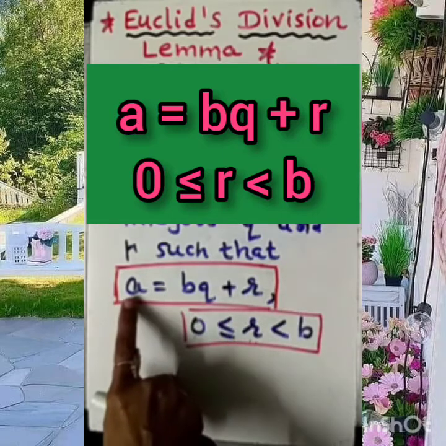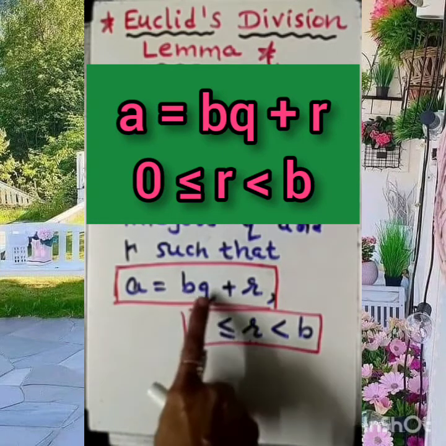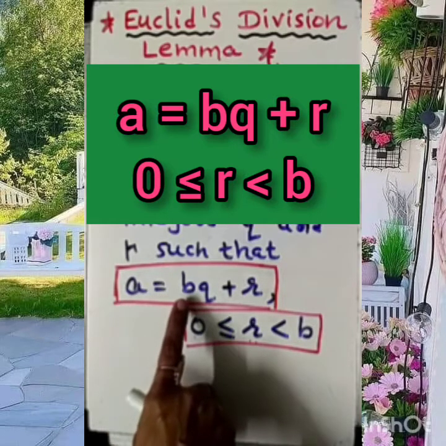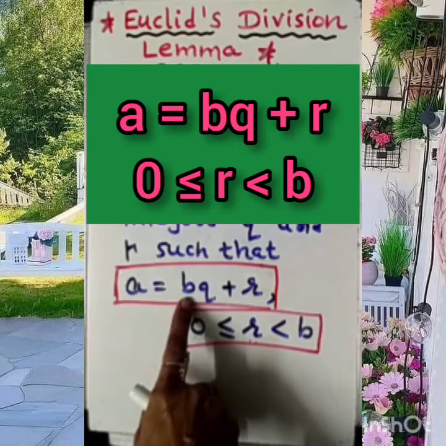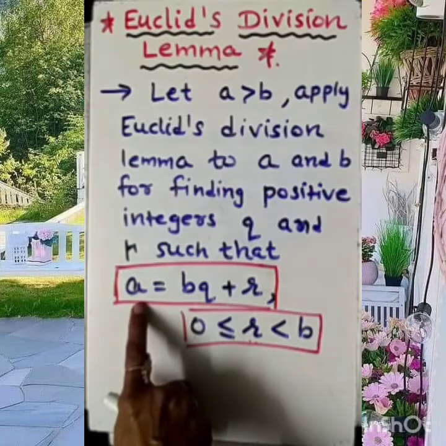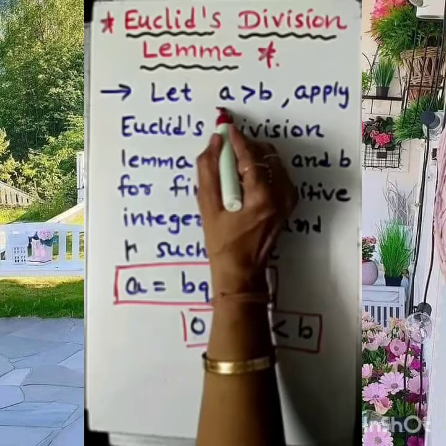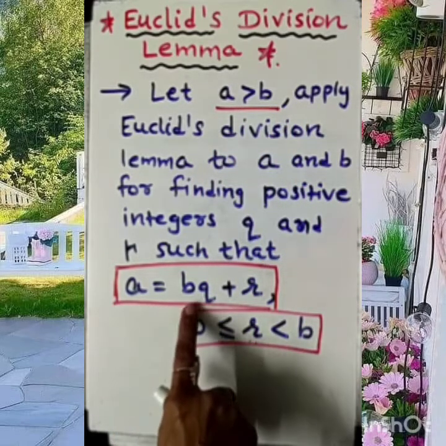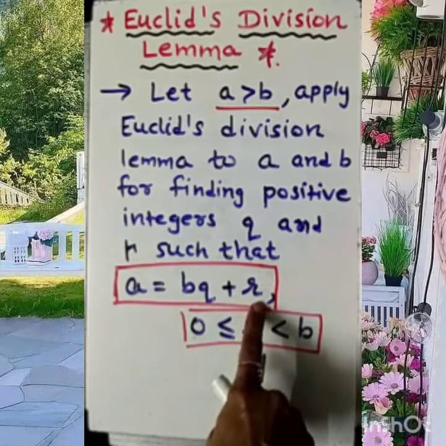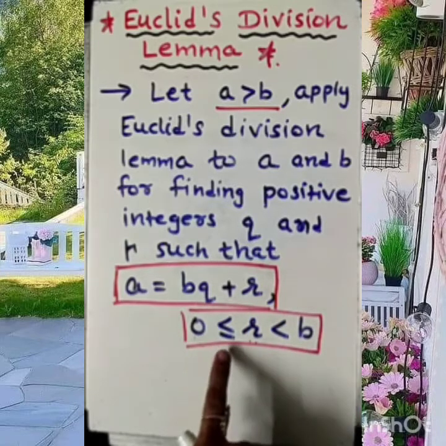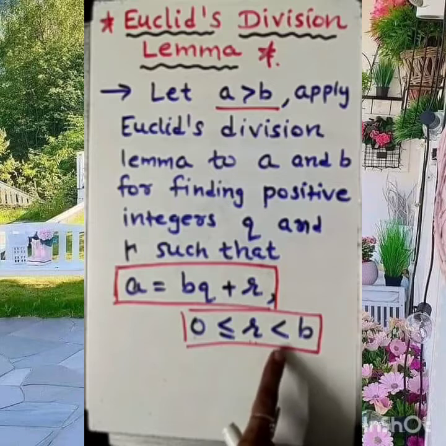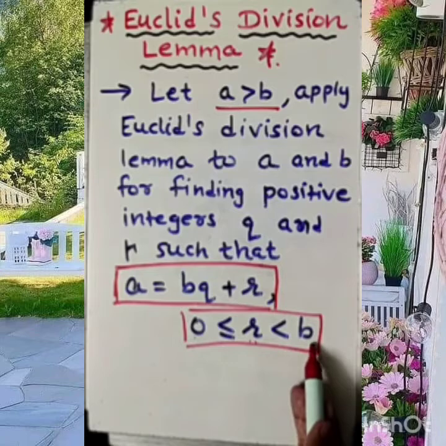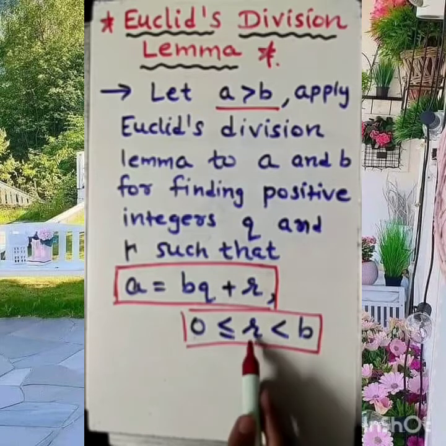Again, I am explaining A equal to BQ plus R. What is A? A is one of the numbers and B is the other number. Out of these two numbers, remember dear student, the condition is A greater than B. And A equal to BQ plus R, under the condition 0 less than or equal to R less than B. R is for remainder and B is the other number.